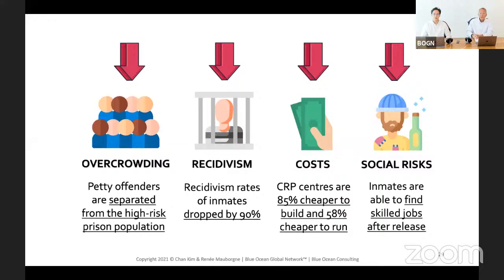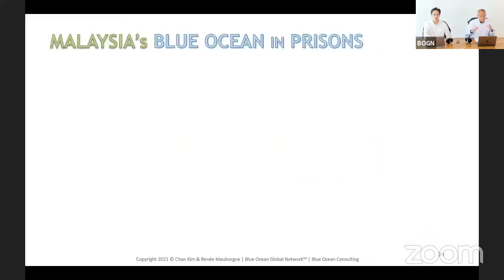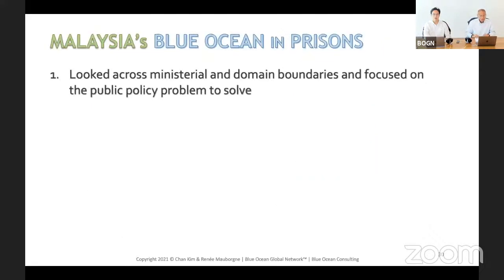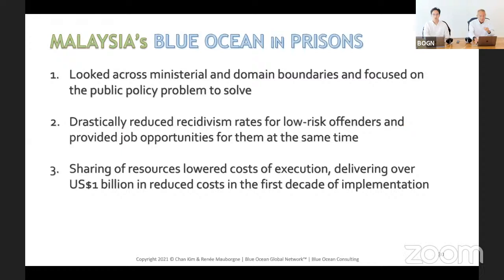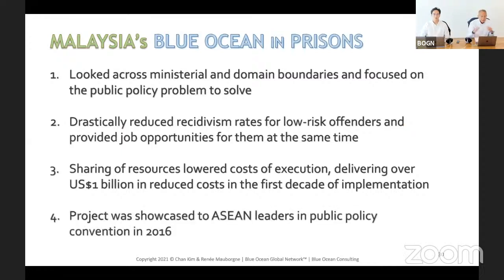The most important of all, you can see in this program that while we look across ministries and boundaries and focus on the problem that we want to solve, not constrained by conventional public policy, we are able to drastically reduce the recidivism rate, bring the offender back to society, and make sure that this is done at the lowest cost possible.